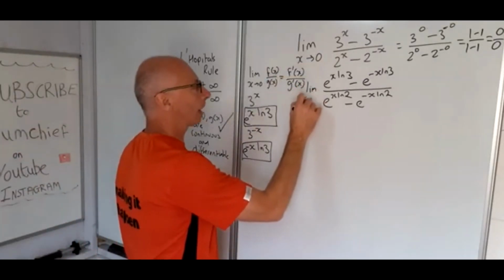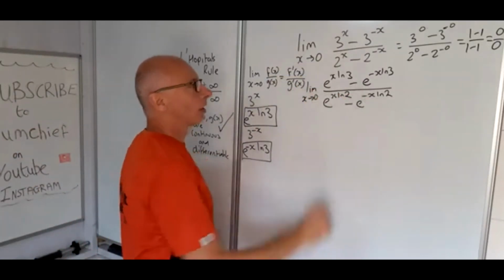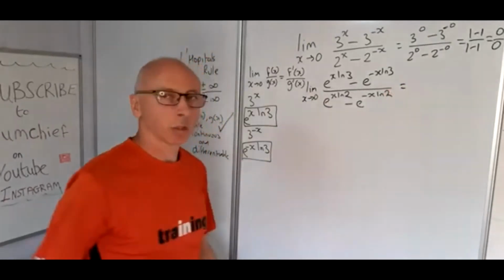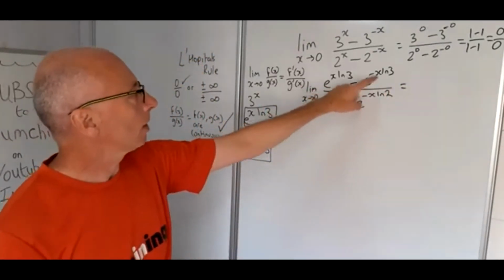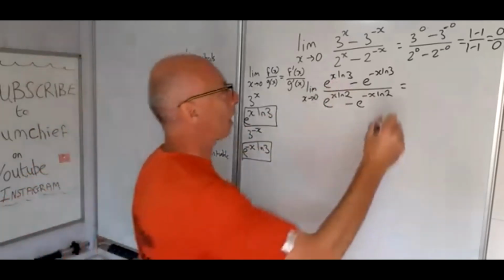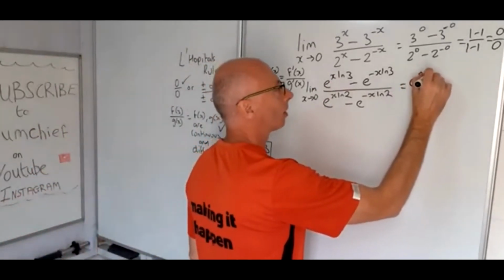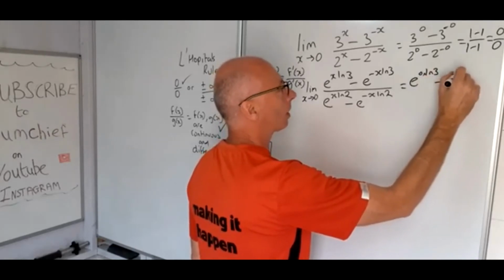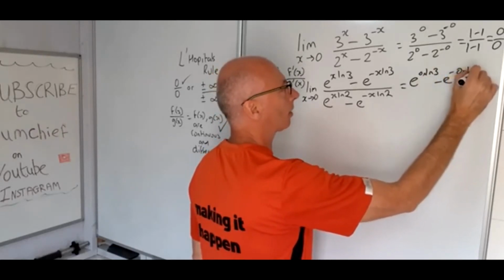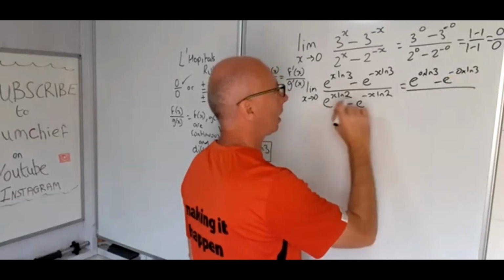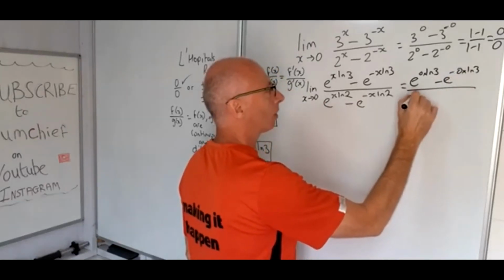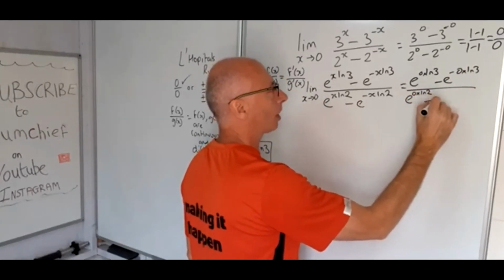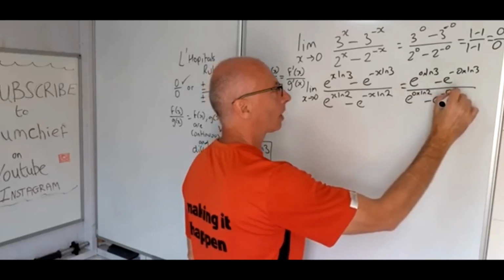Limit as x approaches 0. Just plug in a 0 wherever we see an x. So e to the 0 times ln 3 minus e to the minus 0 times ln 3, and the same on the bottom, 0 times ln 2 minus e to the minus 0 times ln 2.